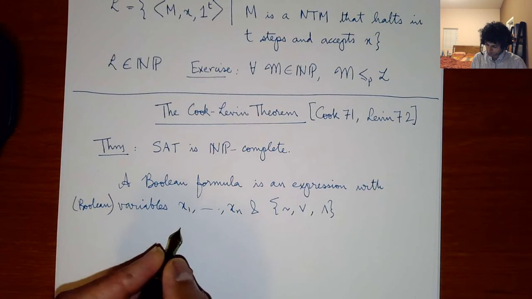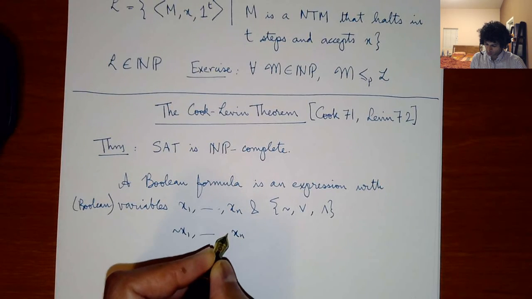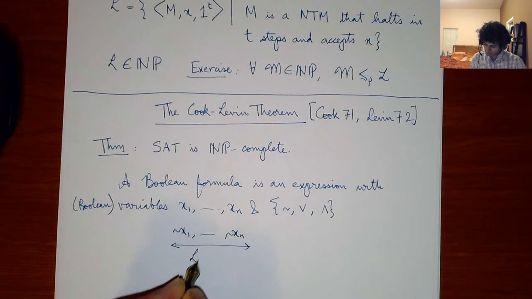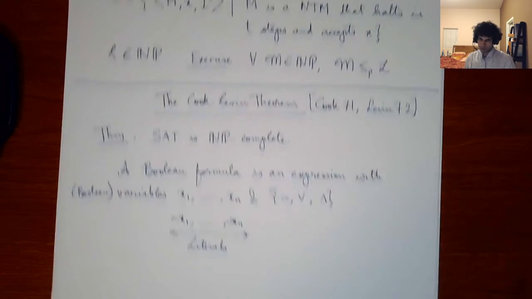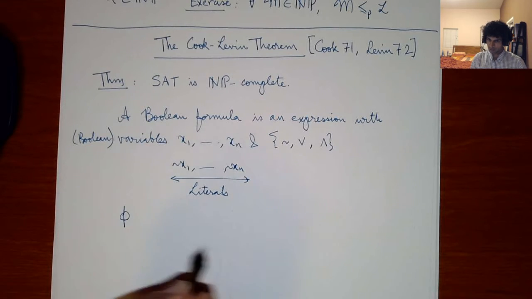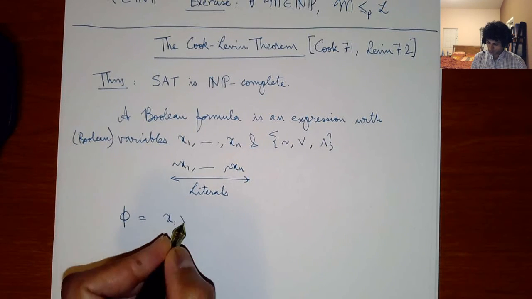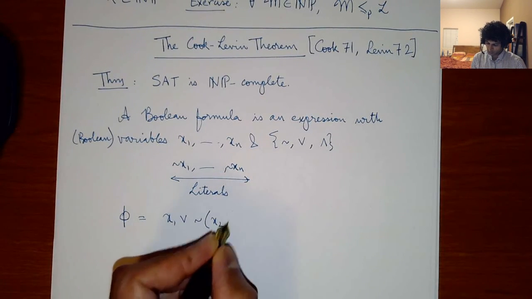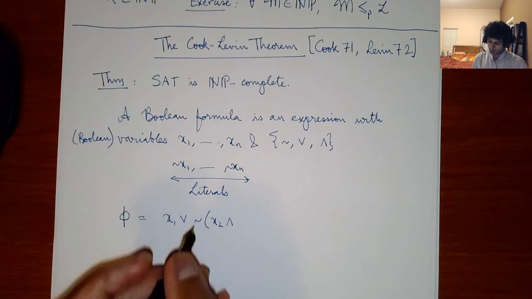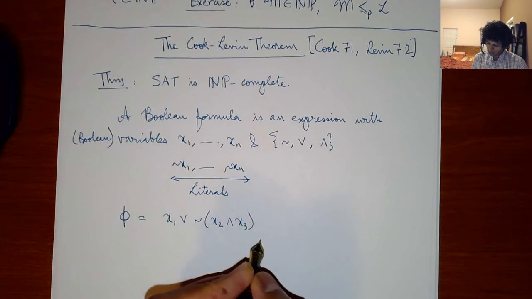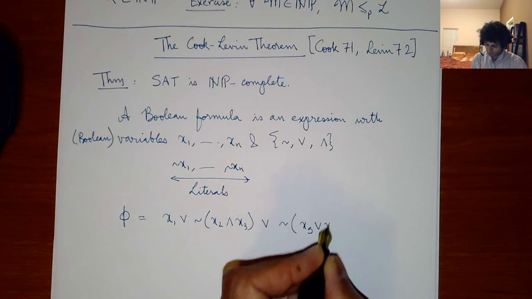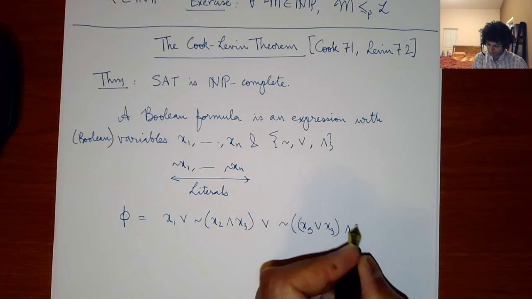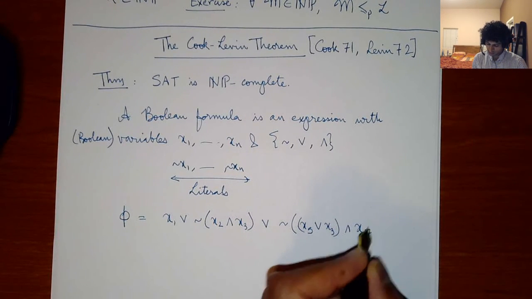Okay, so x1 to xn and not x1 to not xn are called literals. An expression, for example phi, would be something like x1 or not x2, and x3, or not x5 or x3, and x7, and so on and so forth.